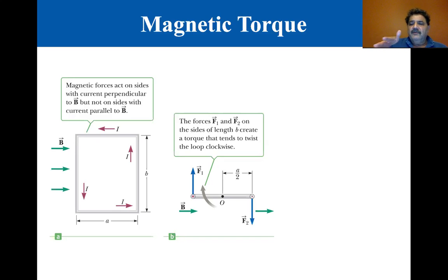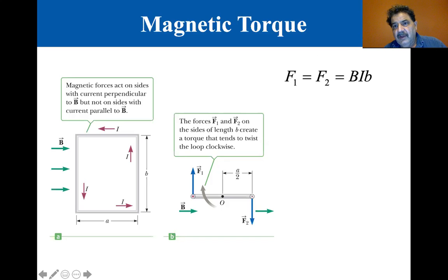On the left side, the current is coming out of the page, so the force is up. On the other side, the current is going into the page, so the force is down. So there's a force upward and a force downward.